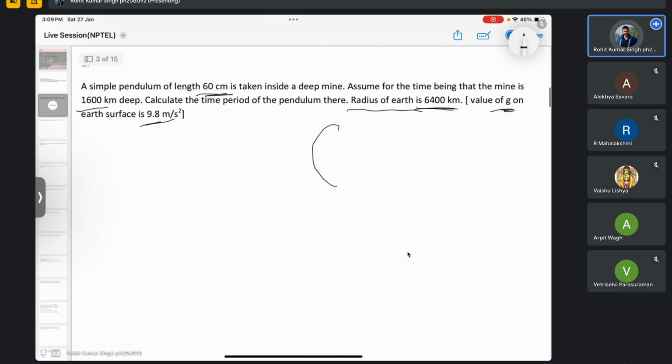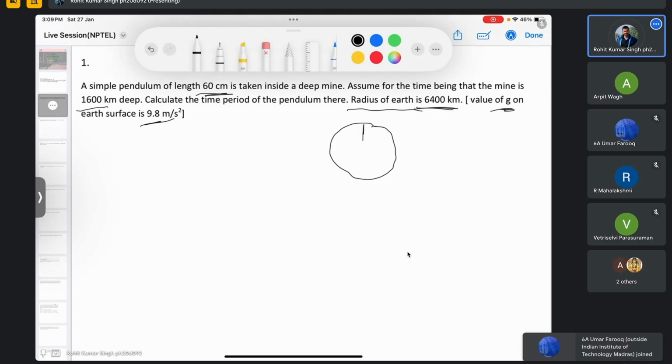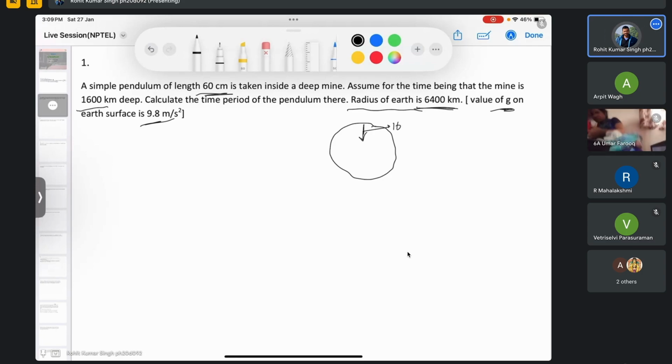So basically, you have, oh, sorry. Suppose this is the Earth, and you went 1600 kilometer deep inside. At this point you want to calculate the time period.